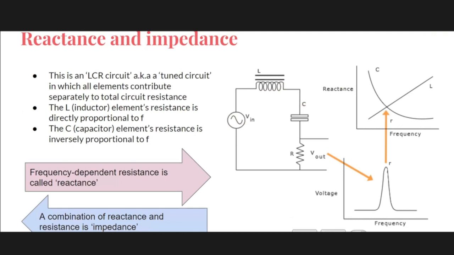The graphs on the right show that when the frequency is at a certain level, the reactance, which is also another word for frequency-dependent resistance, is at its lowest, and so it will allow those signals to pass through. Impedance is another word for a combination of reactance and resistance. I'm not sure if I'm going to be able to explain that any more than that, but we'll move on now.